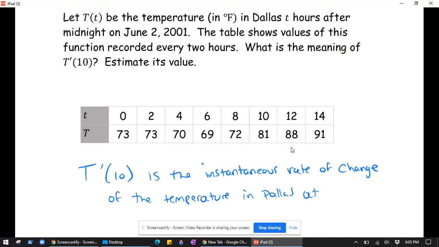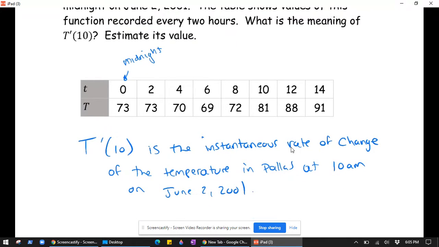Now t equals 10 would correspond to 10 a.m., right? Because this is supposed to be midnight. So 10 hours after that would be 10 a.m. So at 10 a.m. on June 2nd, 2001.